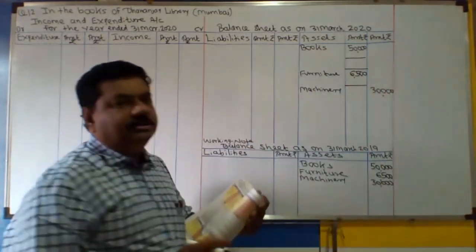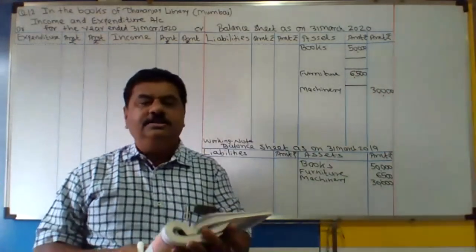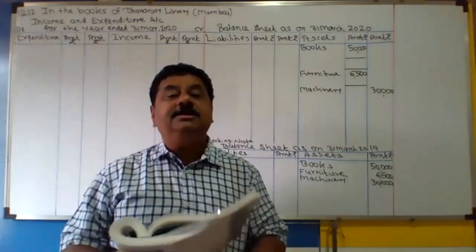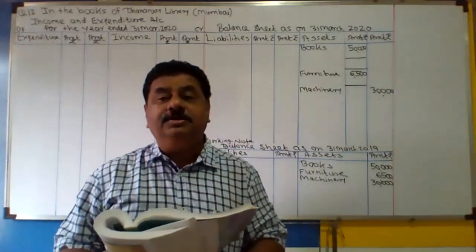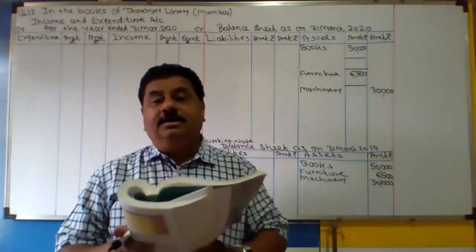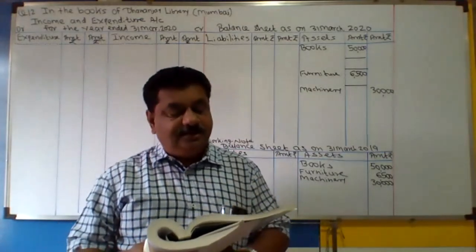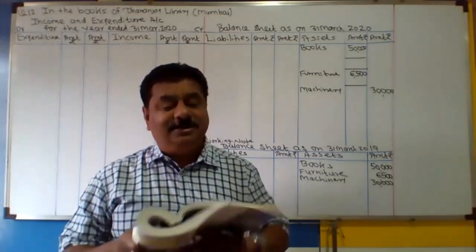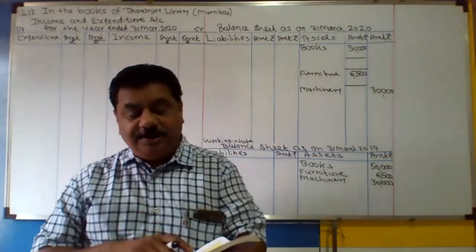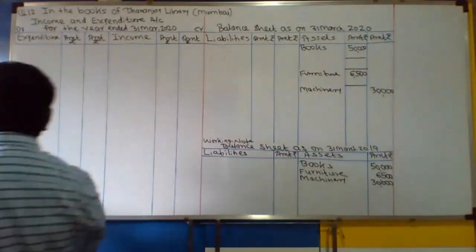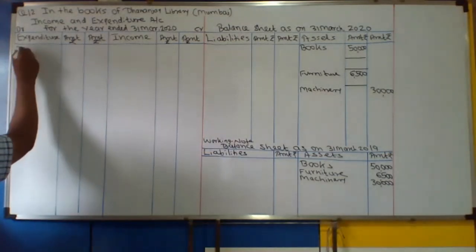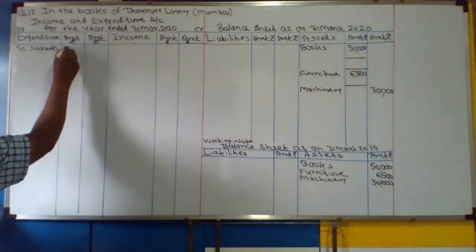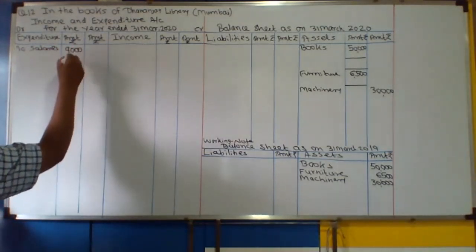You can see that all the assets of the last year are recorded in the last year balance sheet assets as well as the current year balance sheet assets. But when we write in the current year, you are supposed to write with the adjustments. So after looking at adjustment number 1, now look at the payment side. We are starting with the recording of the payments. Salaries 9,000 to be recorded on the expenditure side, in the inner column, 9,000 rupees.